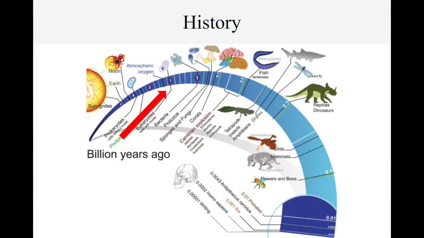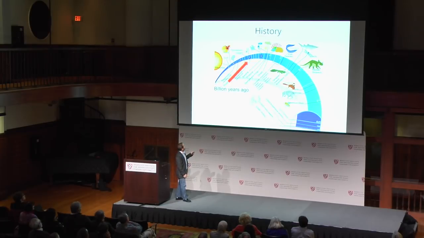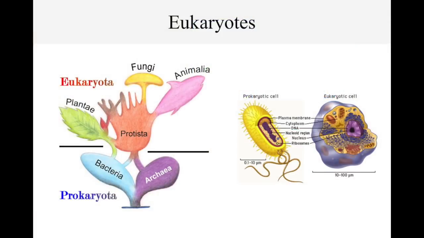So briefly, so that we can see where we are in history. We are about 2 billion years ago, at the origin of eukaryotes. Eukaryotes, that's cells with nuclei, is about here. Eukaryotes are pretty much every big organism you know: plants, fungi, animals.